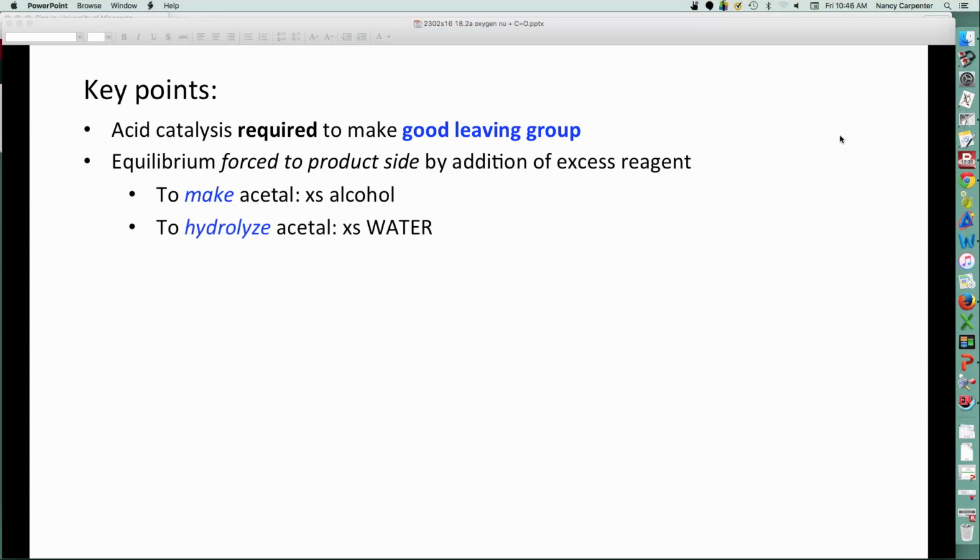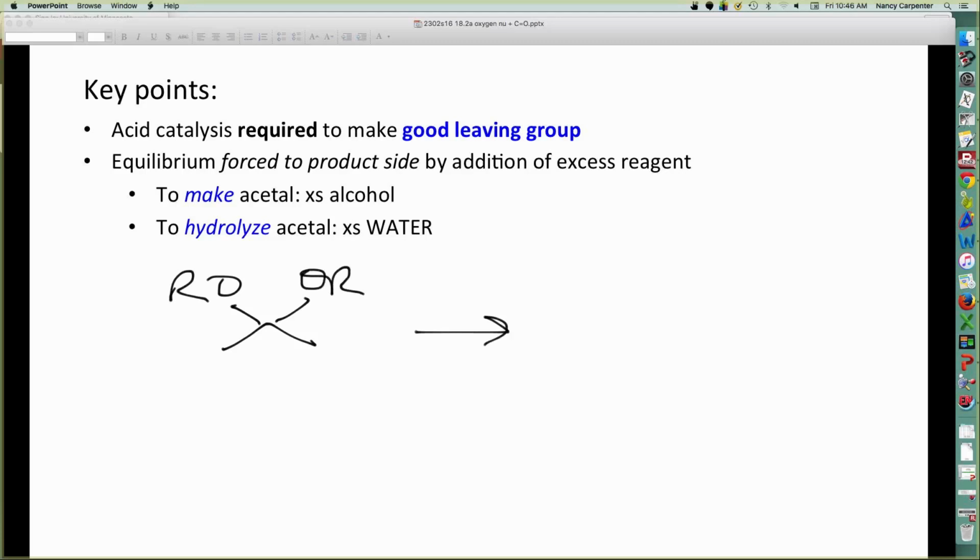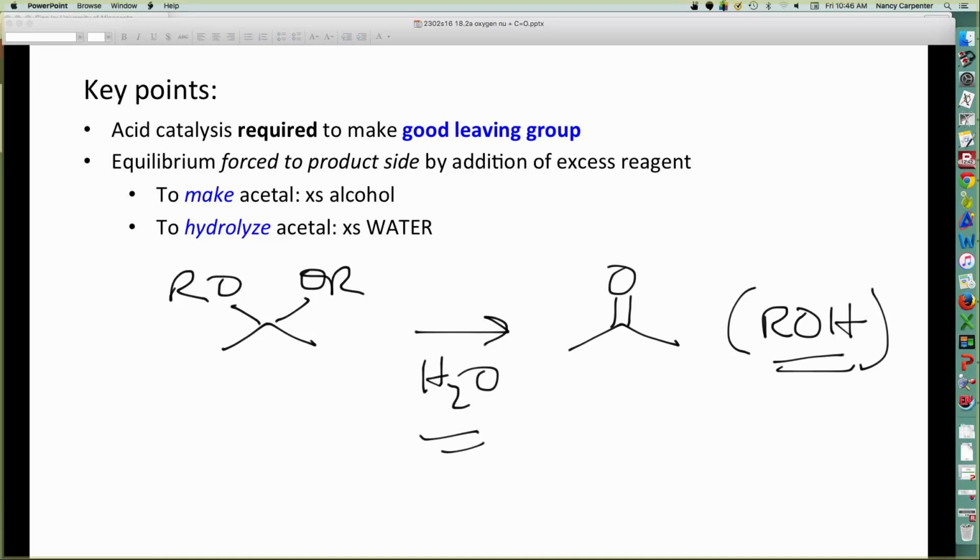To get rid of the acetal, so here's my acetal. I want to go back to my aldehyde or ketone. I do that by kicking out the alcohol by use of a large excess of water.